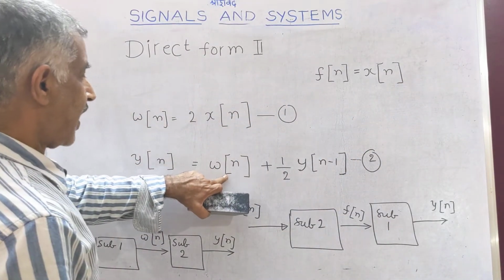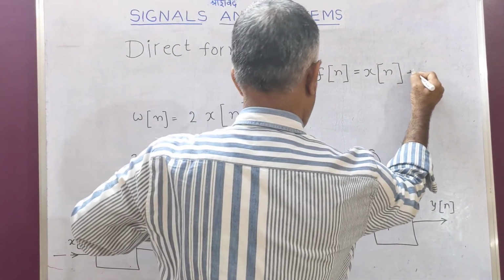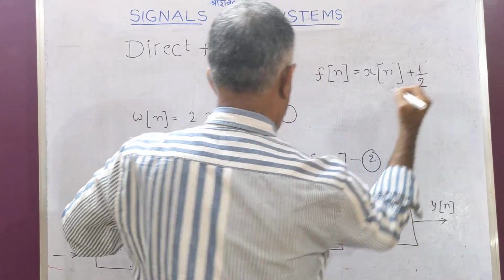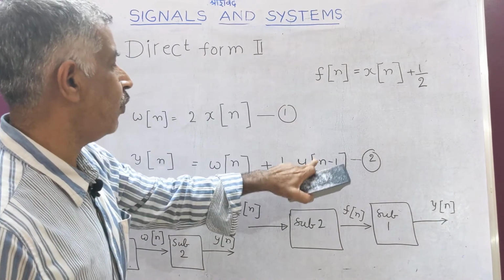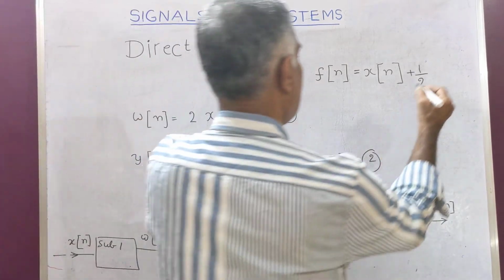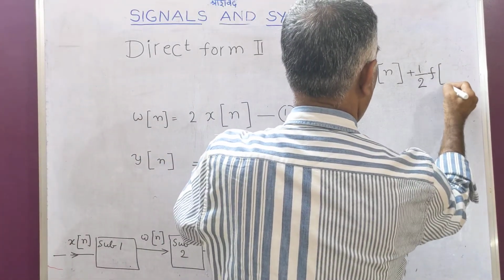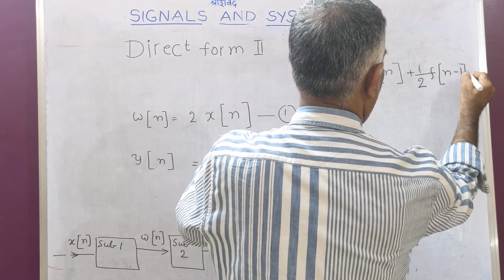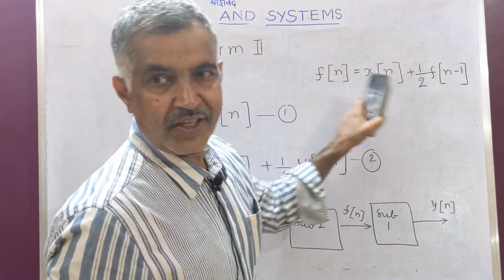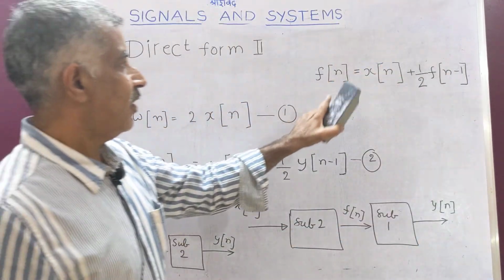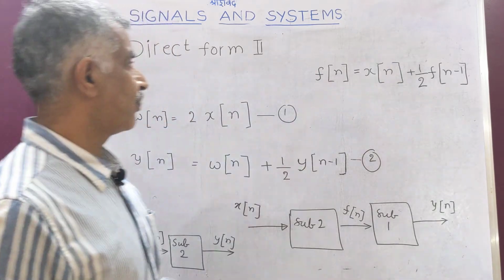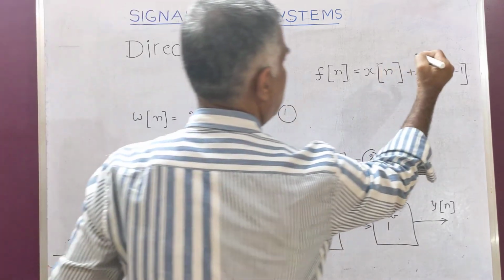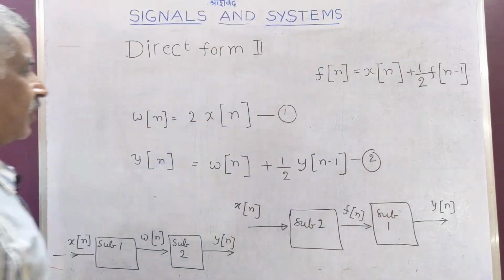Here you write x of n plus half, and for y of n we wrote f of n. Therefore, y of n minus 1 becomes f of n minus 1. So this is one of the equations for implementing direct form 2. Okay, so this is one important equation.